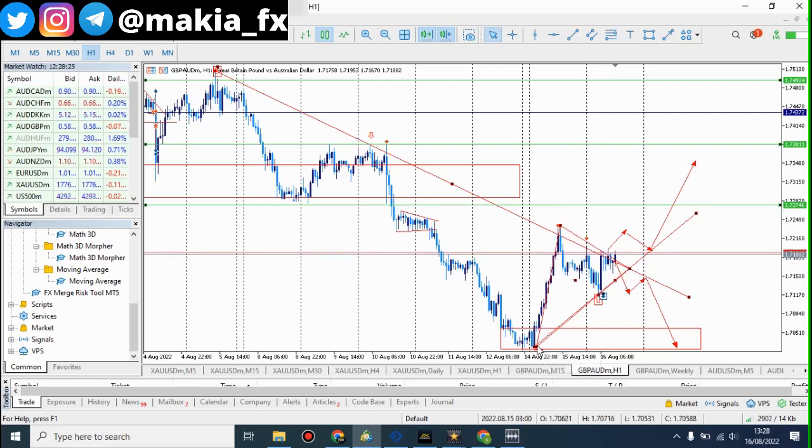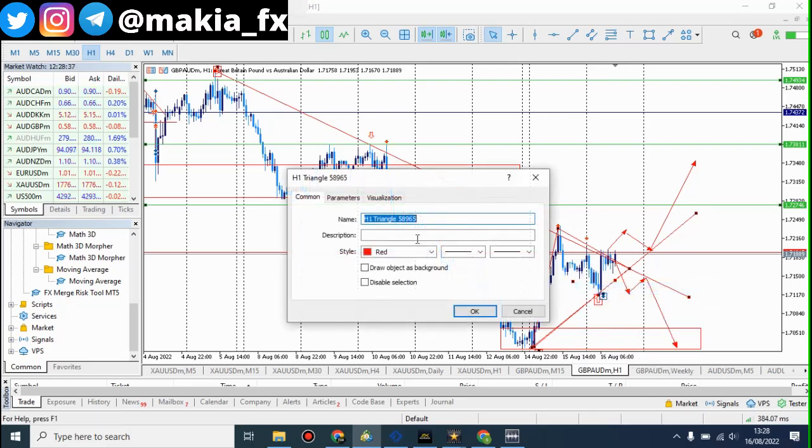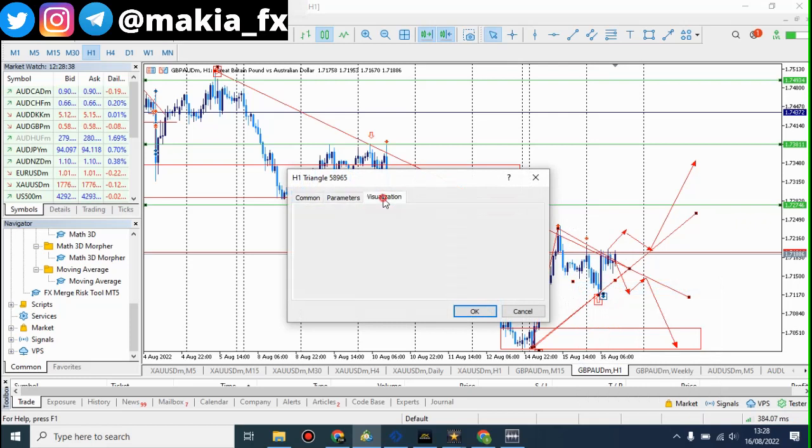So this is how I pretty much draw my triangles when I'm trading, so that I can see what happens next. If price is going to respect the triangle, then we're going to know what we're going to do.